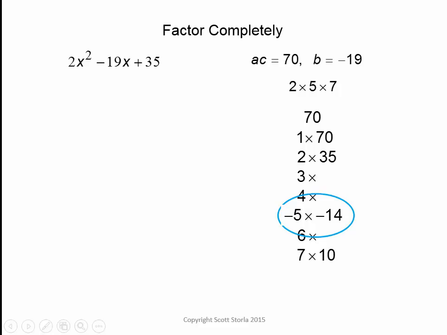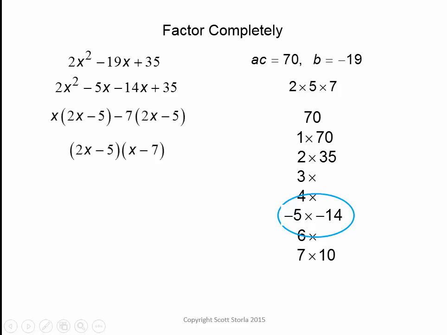I'll rewrite my trinomial as 2x squared minus 5x minus 14x plus 35. And then I'll factor by grouping. You should always multiply to check. 2x squared, negative 14, negative 5 will give me negative 19. And then when I multiply my constants, I'll get plus 35.